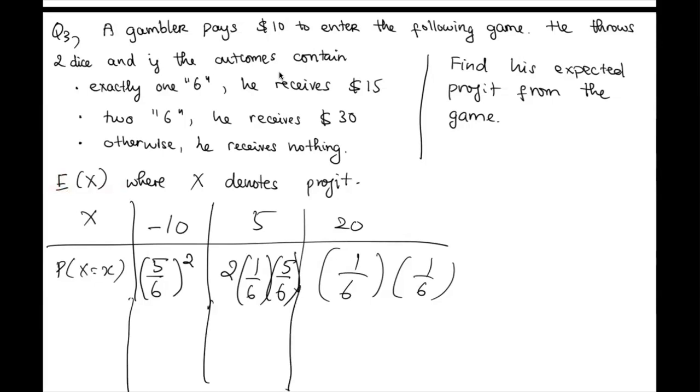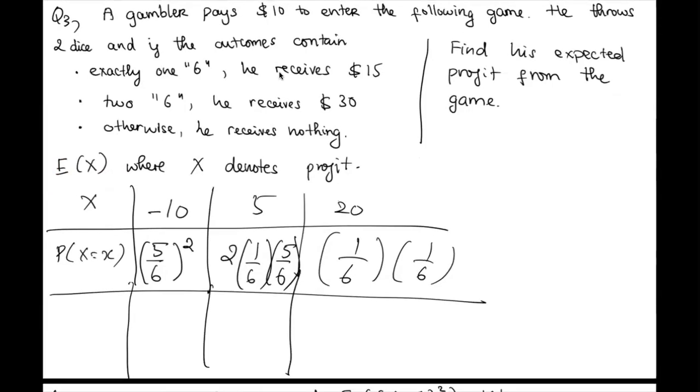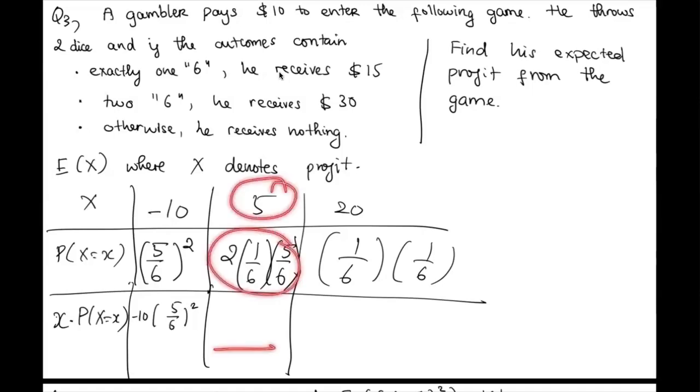What I suggest students do normally is create a row below the probability mass function. And what do you calculate for this row? You calculate the value that X can take, multiplied with the probability that X takes on that value. So here you multiply this one with this. For this one, you just multiply this with this.